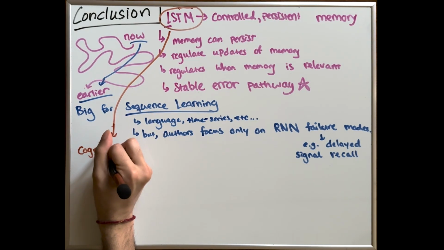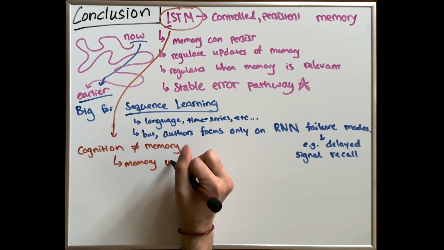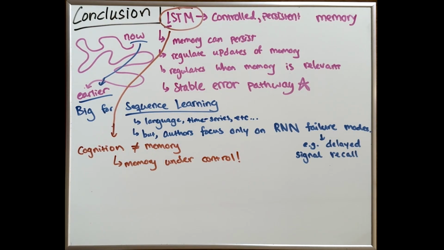Sequence learning, something inherently fundamental to human cognition, is not just about memory, but about memory under control. It's not enough for a system to have internal states, it has to regulate them. It has to decide what deserves persistence. This shows us memory is active, selective, and entangled with representation itself. To remember something is already to represent the world in a certain way.